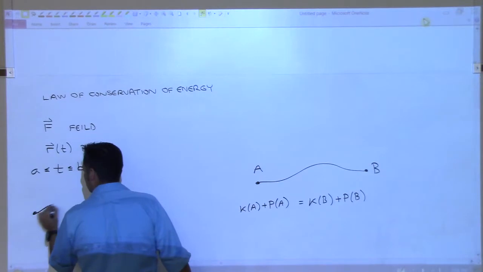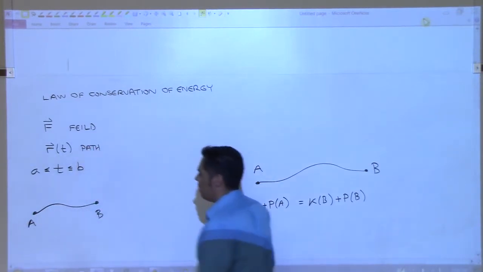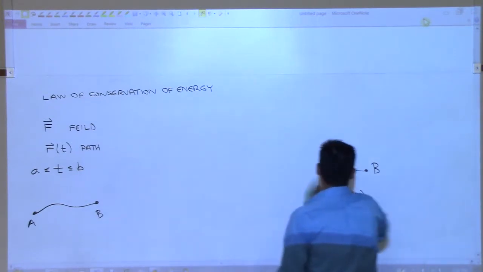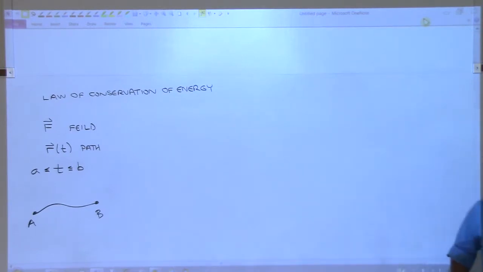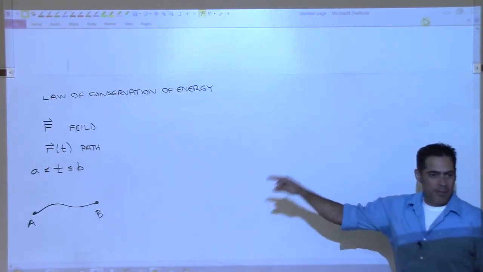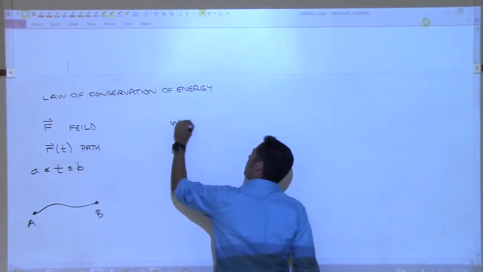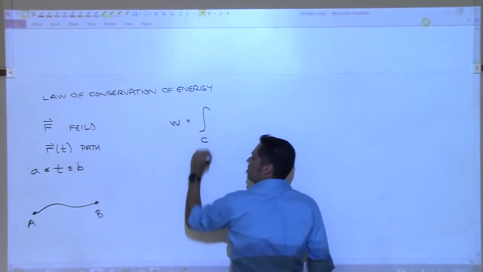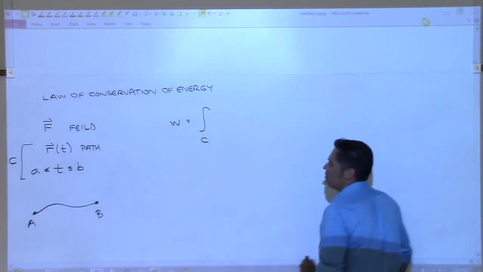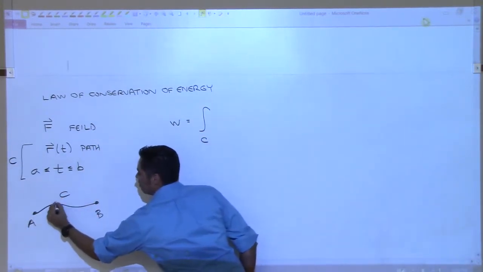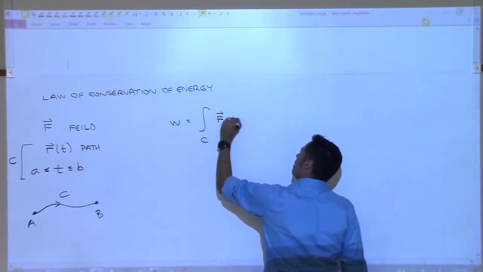The picture we have is that our object moves from point A to point B, capital A and capital B. Then let's consider, first of all, the work done in moving it from capital A to capital B. Work, we know by definition, is the line integral over the path C, and we're going in that direction. So it should be the integral of F dot dr, right?